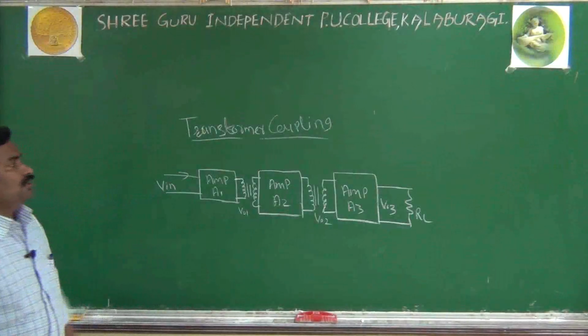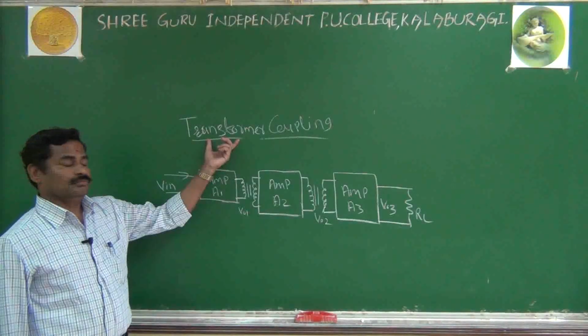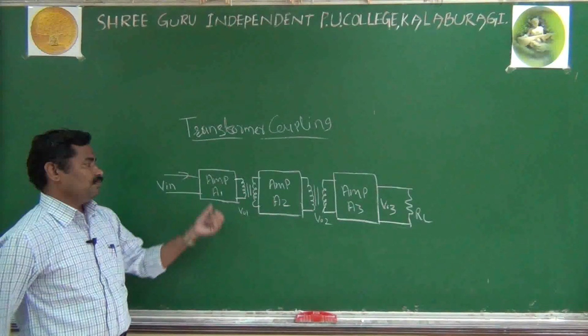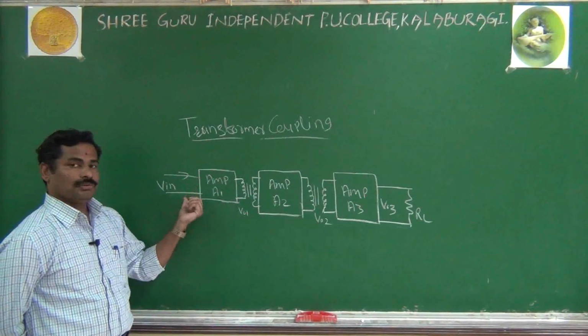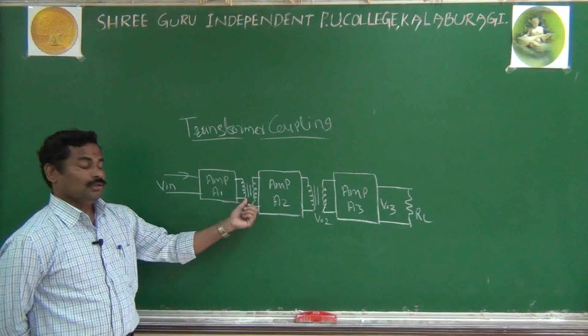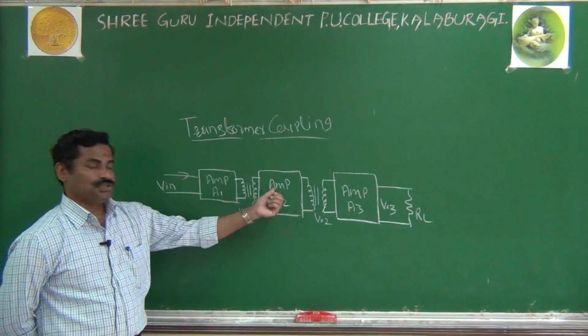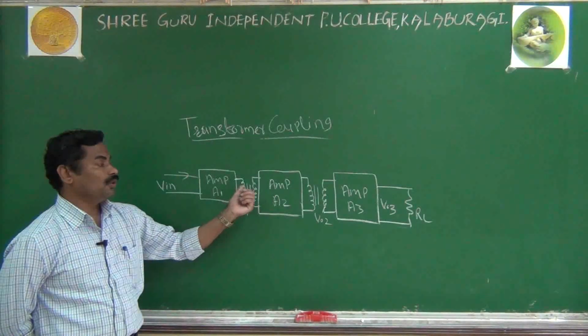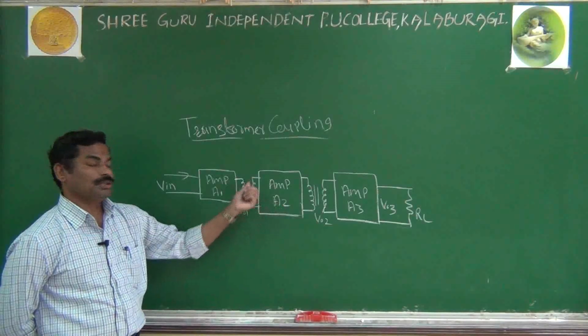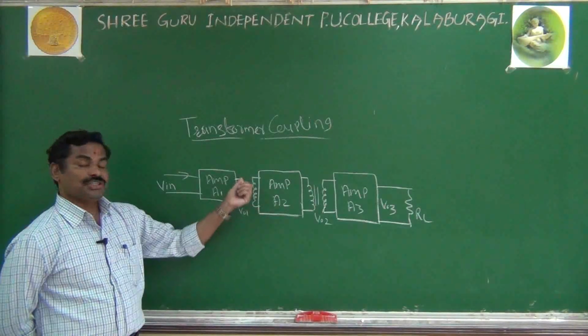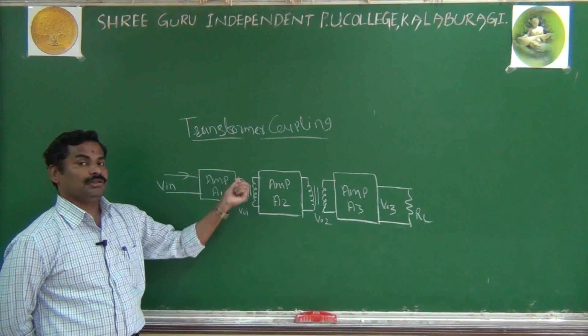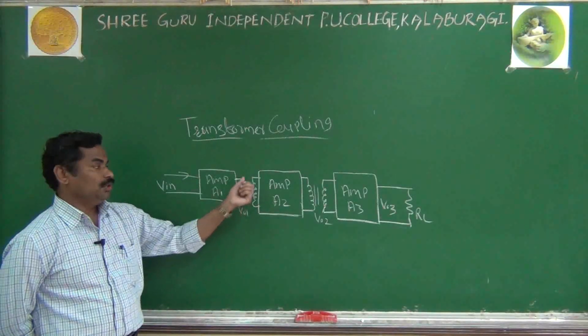As I said, this is transformer coupling. The important thing here is that whatever input you apply, you get the output across this. This output acts as the input for the next stage, and this output is connected to the second stage by using a transformer. We are sending the AC output signal by using a transformer.